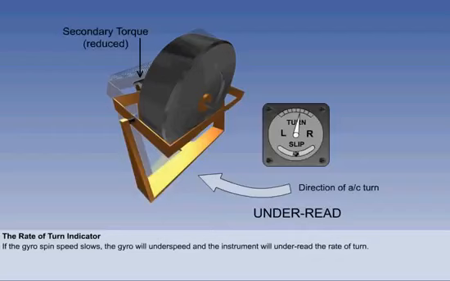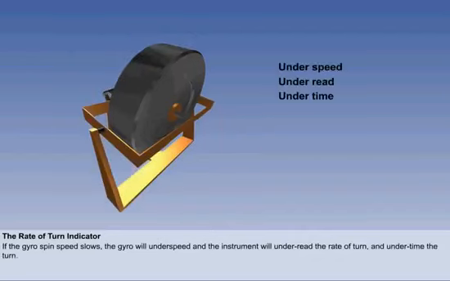If the instrument is under reading, what would appear to be the correct indication on the instrument face would, in fact, result from the aircraft turning faster than the indicated rate of turn, and the aircraft will complete the turn sooner. We can say, therefore, that an underspeed will cause an underread and an under-time turn.